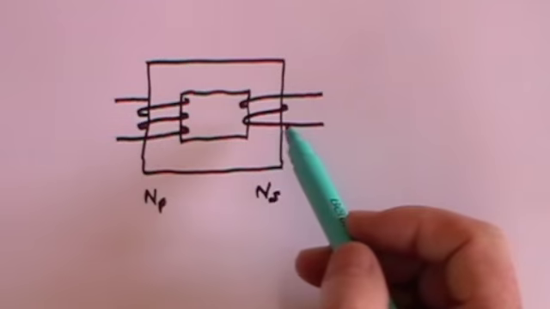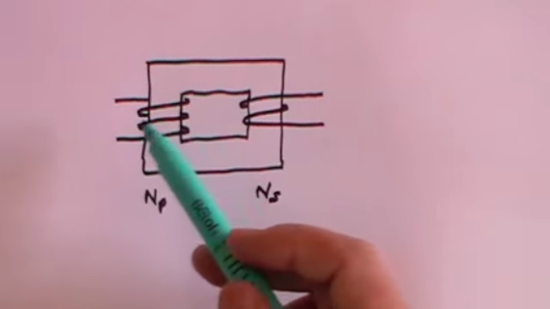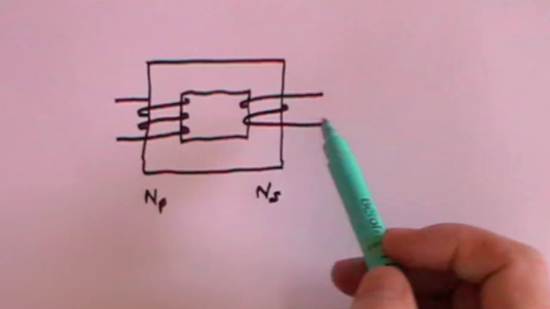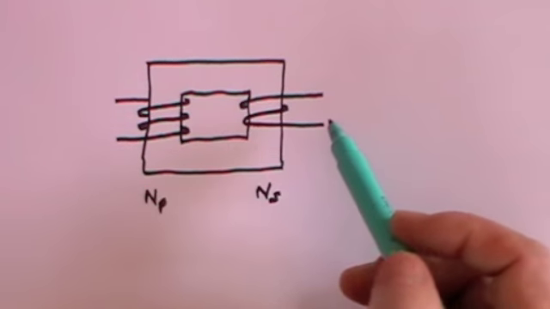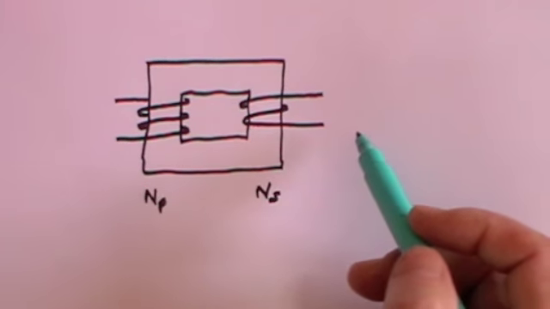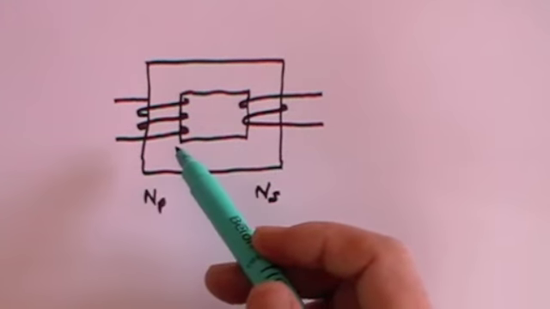And this would be obviously a step down transformer because we've got 3 coils here, we've got 2 coils here, and consequently you'd have a smaller voltage out, but a higher current than you put in.